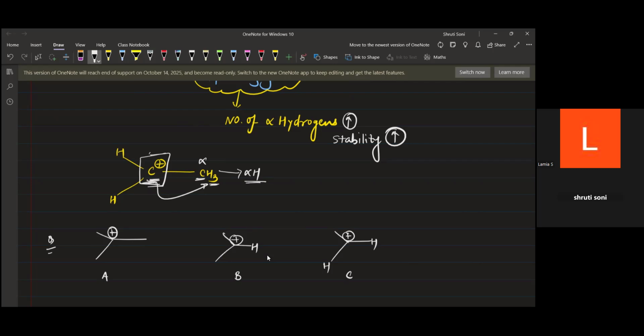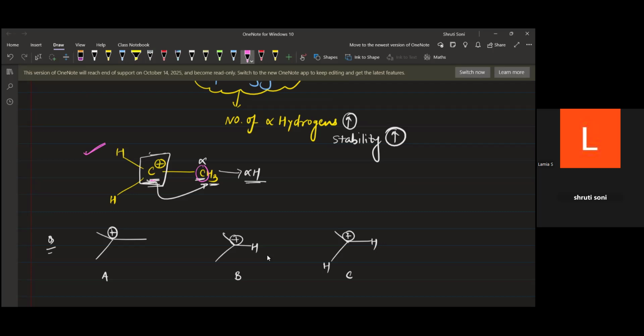The carbon which is directly attached to the carbocation is the alpha carbon, and the hydrogens attached to that alpha carbon are alpha hydrogens. Let's suppose this is the carbocation, and how many carbons are directly attached to the carbocation? In this case, one only. Okay, so how many alpha carbons?